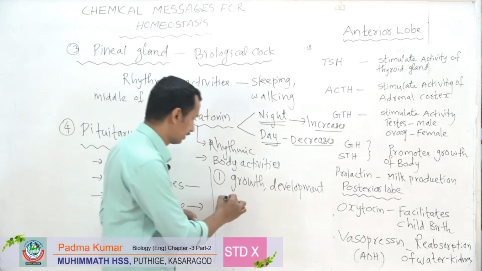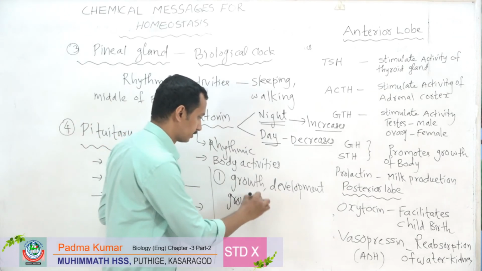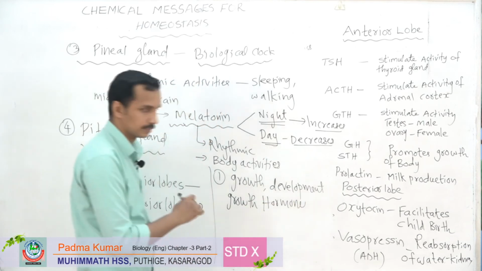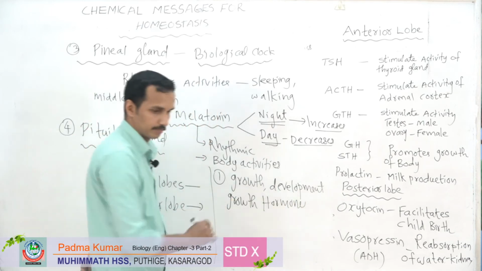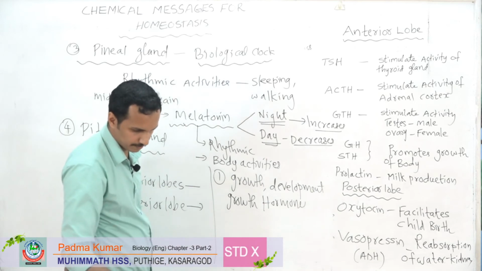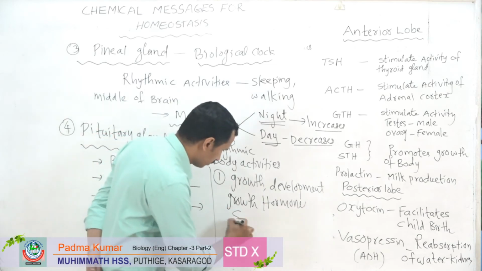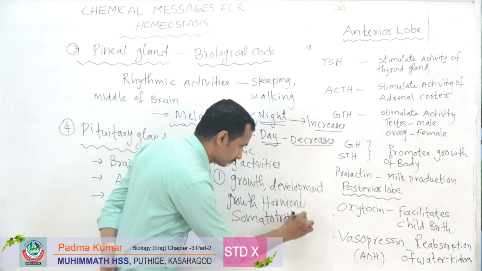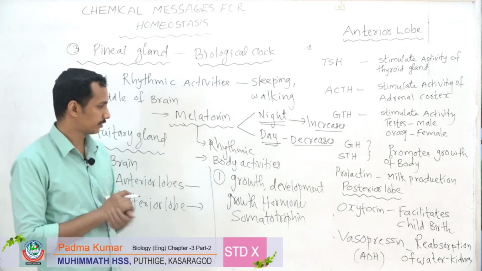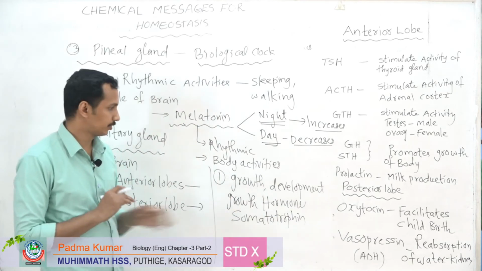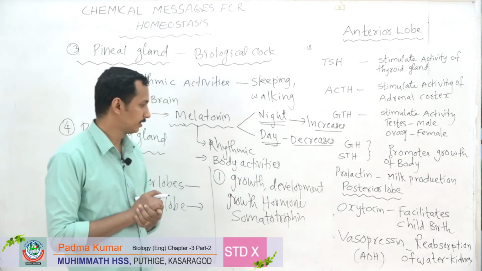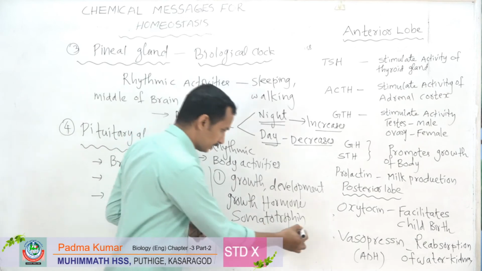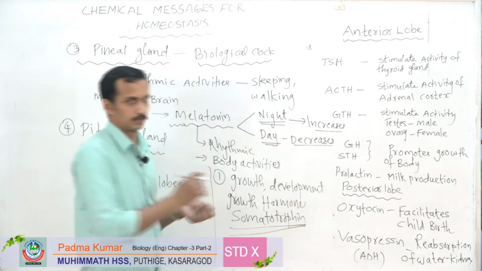It is also called growth hormone, or it is also called somatotrophin. So it is a very important gland associated with growth and development. It secretes a hormone known as growth hormone, also called somatotrophin.